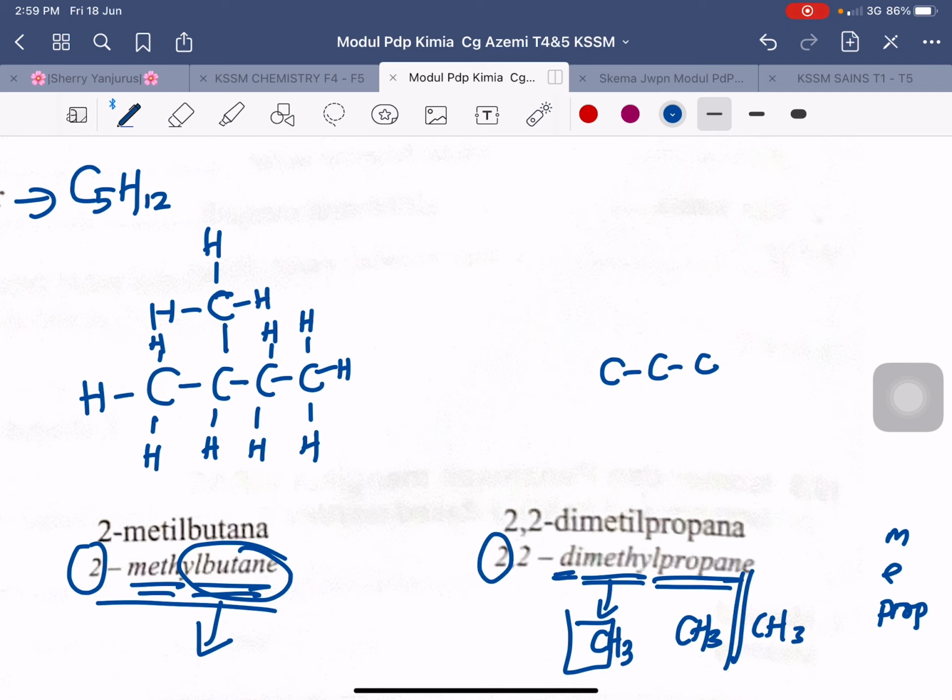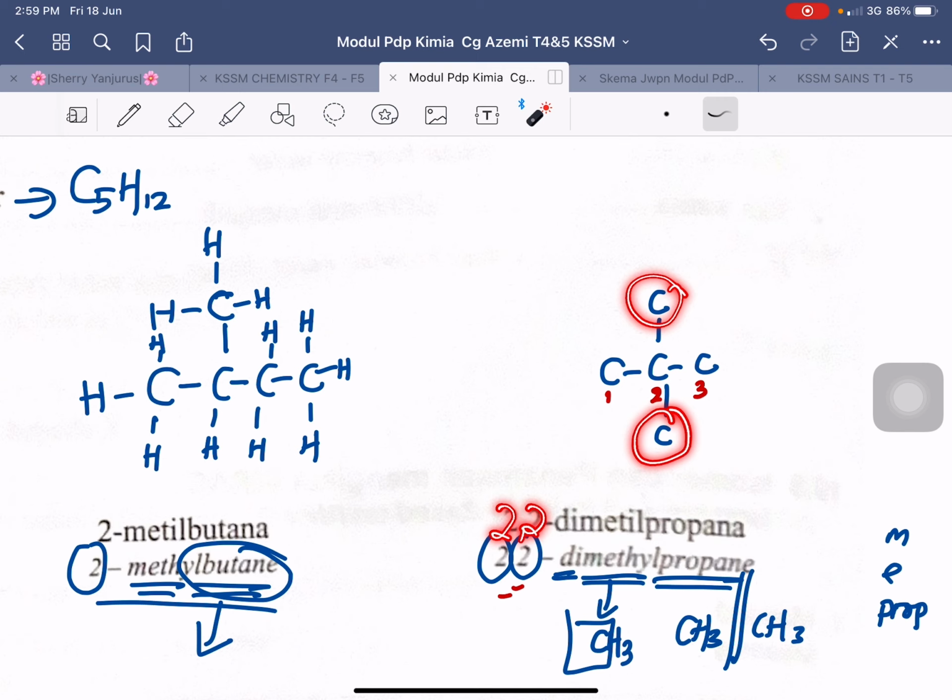Di mana? 2, 2. So these 2 sebenarnya refer to the carbon. Di mana kedudukan itu carbon. So kedudukan carbon kedua ada 2 biji methyl. One is here atas and another one di bawah. Atas bawah. If you draw isomer, ada atas, ada bawah, itu 2,2 sengkang dimethyl.